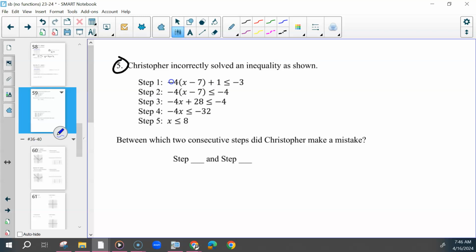Step 4 to step 5, when he divided on both sides, this should be facing the other way. So between step 4 and step 5. If you would put the original into Desmos, you would see that this is a vertical line shaded to the right, and that would tell you it's not less than also.